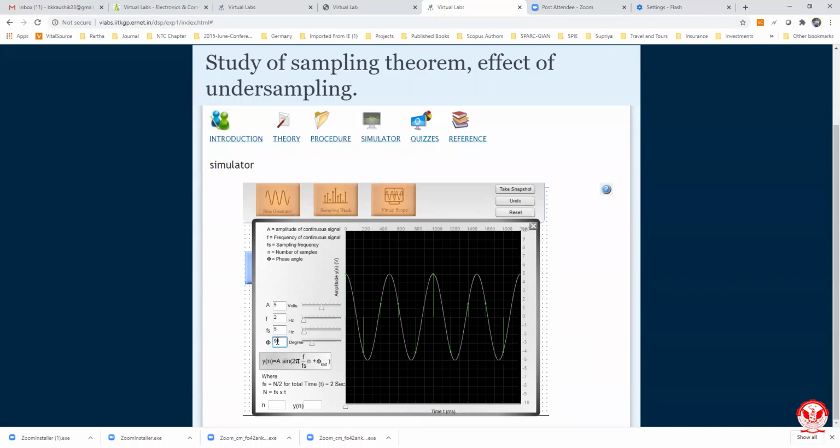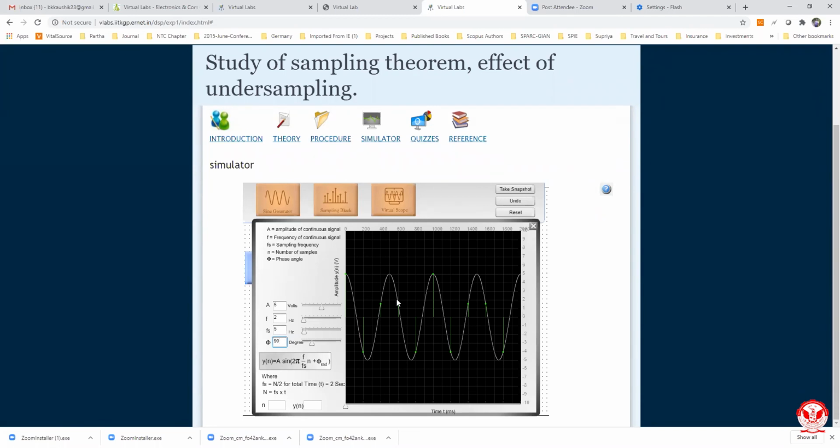So in all these three cases, we find our sampling instant starts with the first sample at the origin. This is the first sample, green here. The next sample is here. The next sample is here. Again, the next sample is here. So for a complete cycle, we have 1, 2, and 3 samples here.